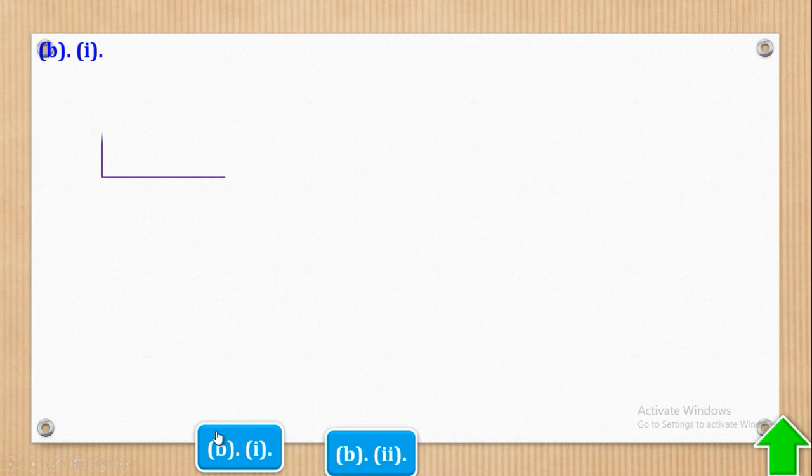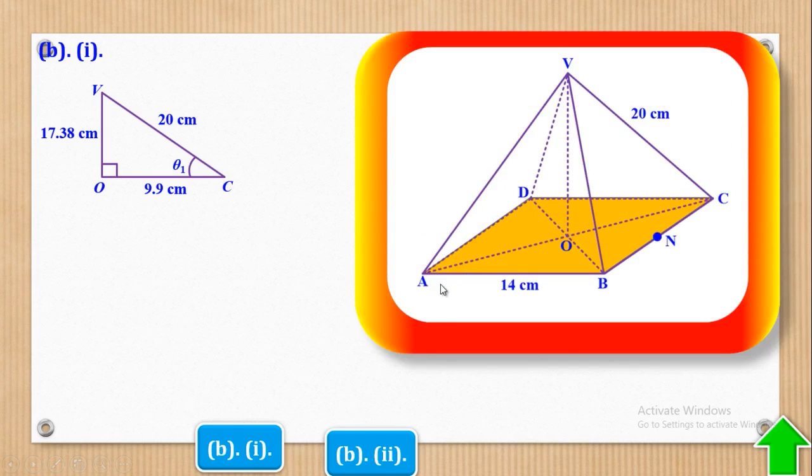For VC and the base, there is a triangle we need to extract out, and that will be triangle VOC. This is the base ABCD. They wanted VC, this is the line VC, therefore the angle will be from here up to here.